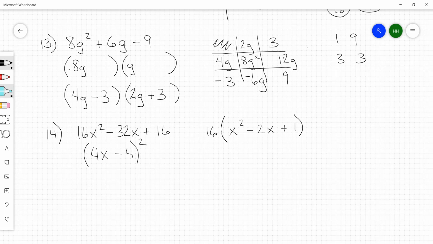Then you've got another perfect square inside there. So what you've got is 16 times (x minus 1) squared. And I'm thinking that's in simplest form. All right, so in that first step, if you can factor something out, factor it out first, and then factor the trinomial.